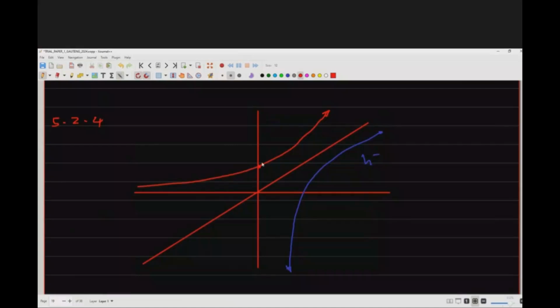This point here, that was (0, 1), means that this is now (1, 0). And we also had point A, which was (-1, 1/2). So what that means for us is that we'll have (1/2, -1).